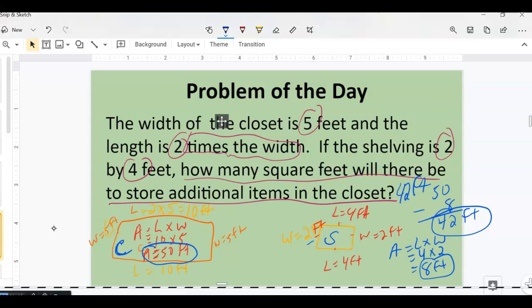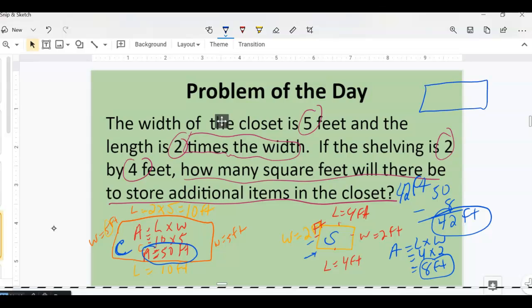All right, so when you're building these actual rectangles, you can use multiplication to find your answers for the area, or you can actually draw them out. Let's take the shelving here, for instance. We're going to take this one, and I'm going to do another one up here.